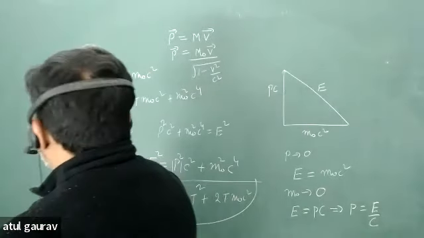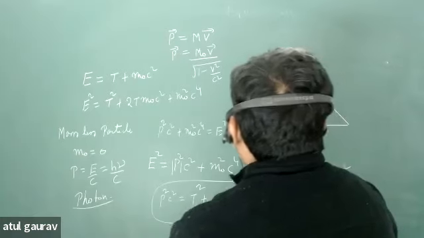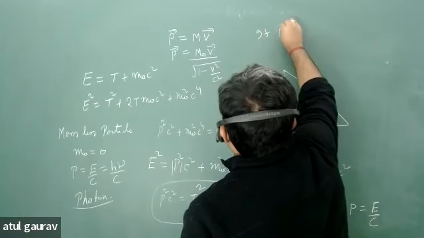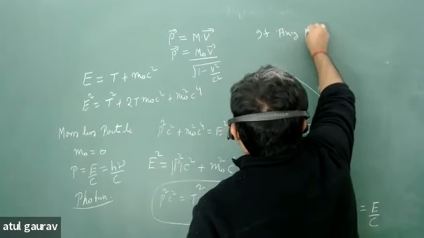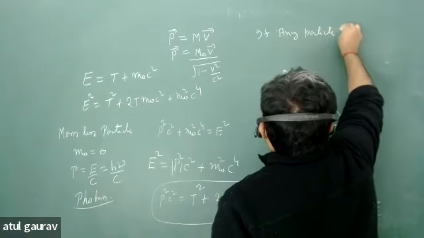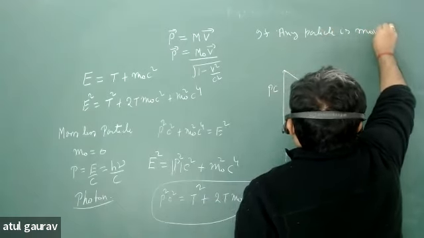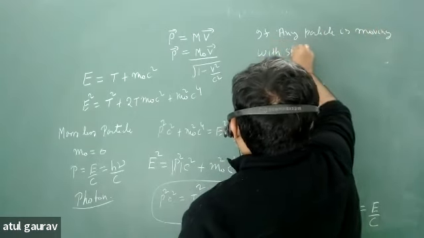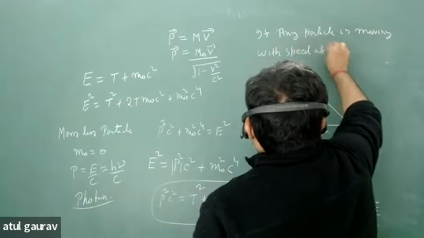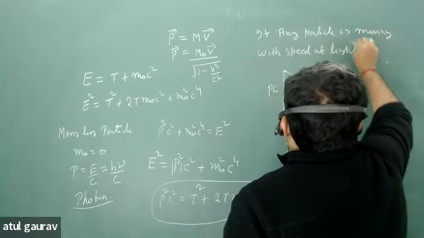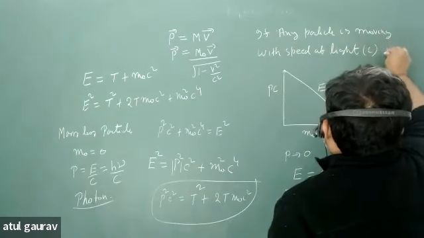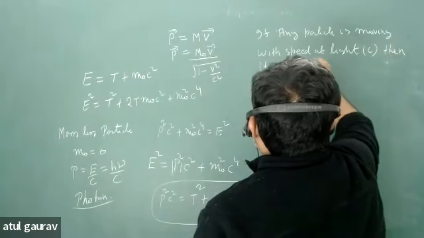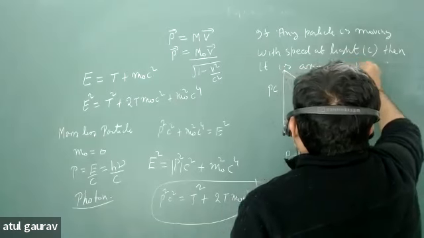So now you can make a theory. What is that theory? If any particle is moving with the speed of light, or c, then it is assumed to be massless.